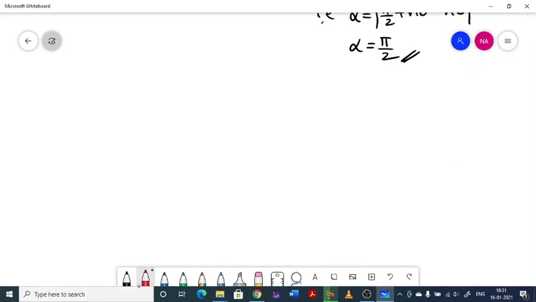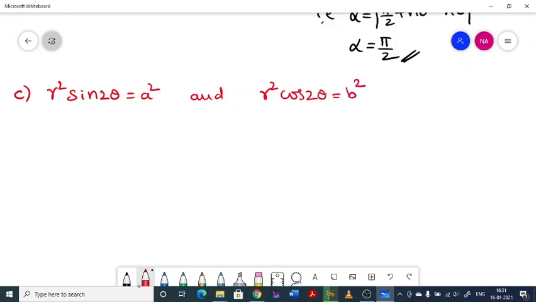Next, C. r square sin 2 theta equal to a square, and r square cos 2 theta equal to b square.